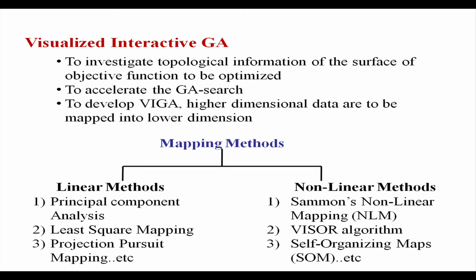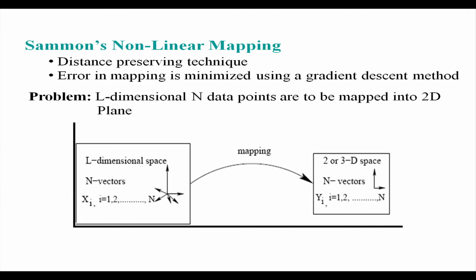If you want to do this mapping from a higher dimension to 2D or 3D, this mapping is generally nonlinear mapping, approximate mapping, because exactly you cannot do the mapping from such a higher dimension to the lower dimension, and that is why for developing this VIGA, visualized interactive genetic algorithm, we took the help of the nonlinear mapping methods.